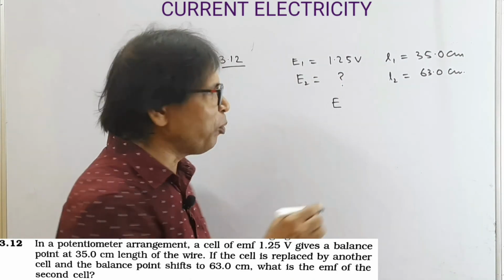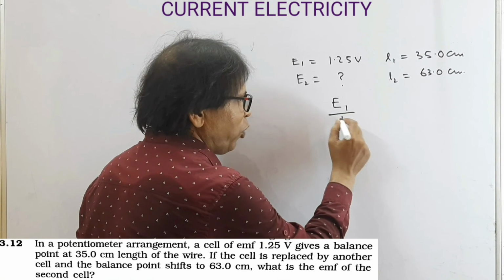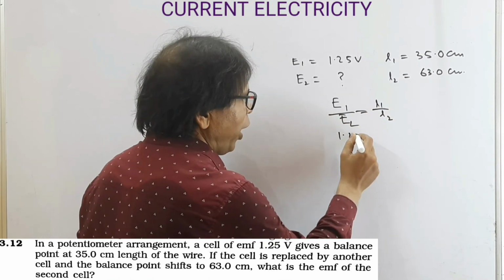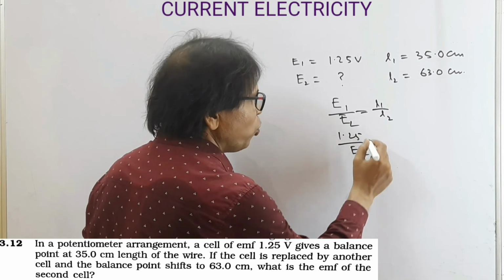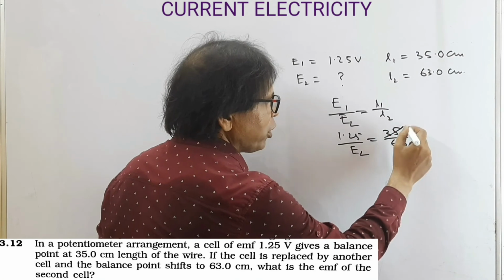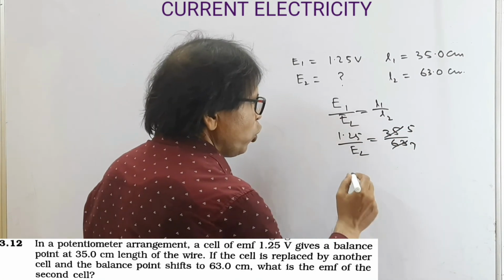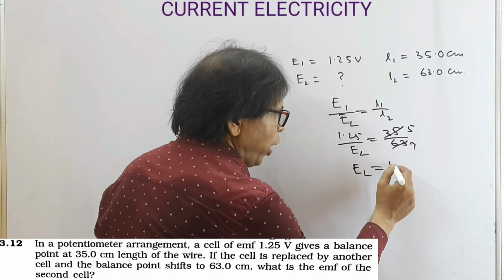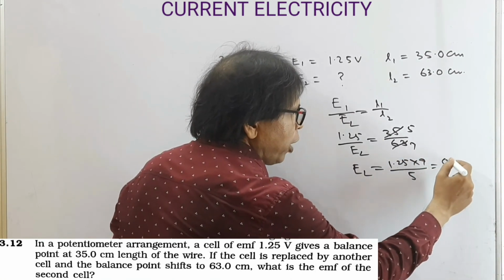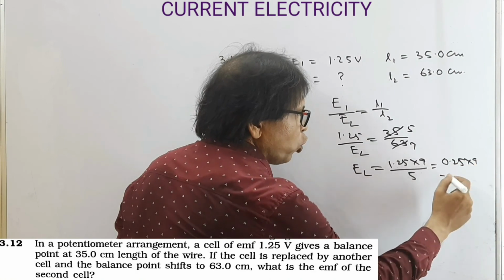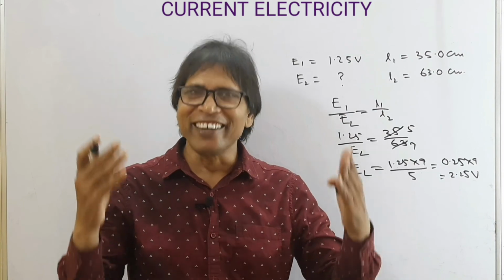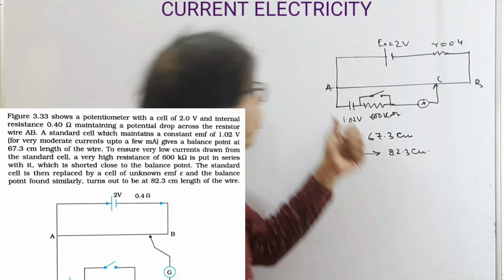Now apply the formula for comparison of EMF: E1 by E2 equals L1 by L2. So this is 1.25, this is E2, and this is 35 divided by 63. Now this is 5 and this is 9. So E2 equals 1.25 into 9 divided by 5, so this is 0.25 into 9. So this is 2.25 volt. Okay, understood?